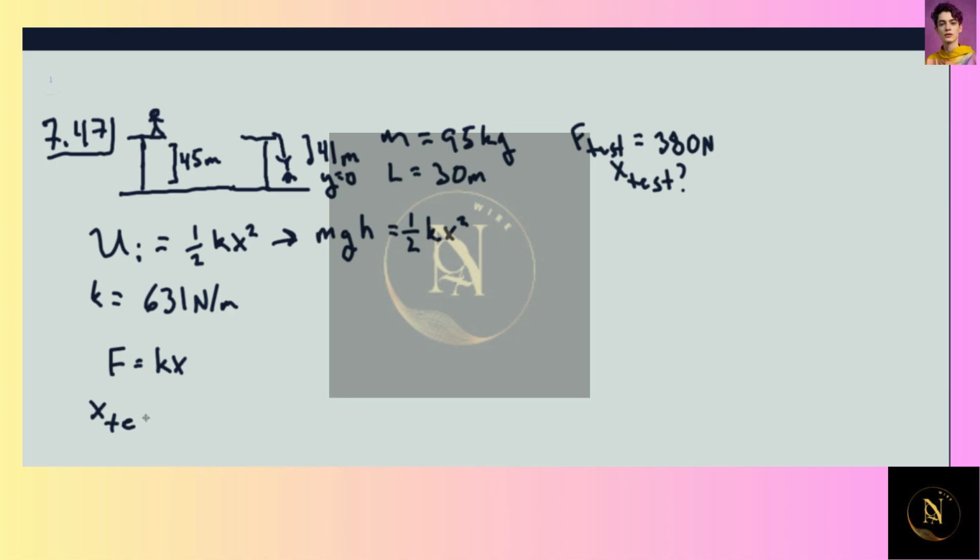So x test is going to equal F test divided by the spring constant that we need. And so you go through all the bungee cords and find one that stretches this amount when you apply a 380 newton force to it. And so this ends up stretching about 60 centimeters.